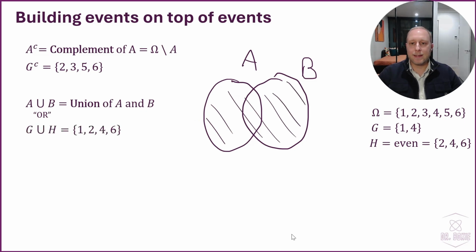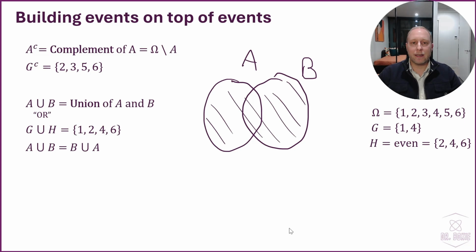So for instance, if G and H are the events as I define them on the right of the slide, then G or H is all those outcomes that are included in at least one of the two. And that means in this case it's a 1, a 2, a 4, or a 6. And notice also that whether we write A or B, or we write B or A, the resulting event is the same one. So that is the union of two events.